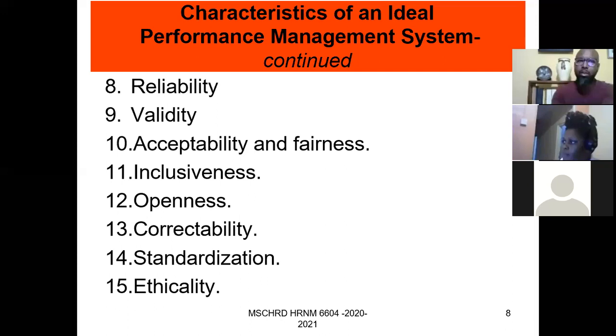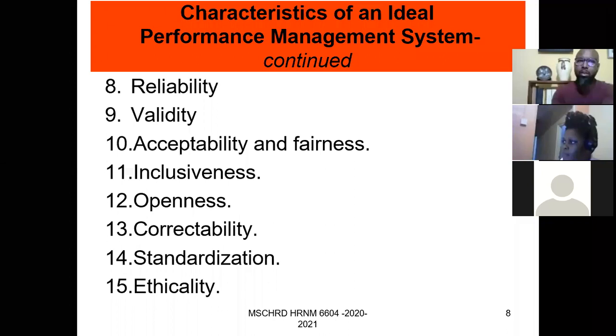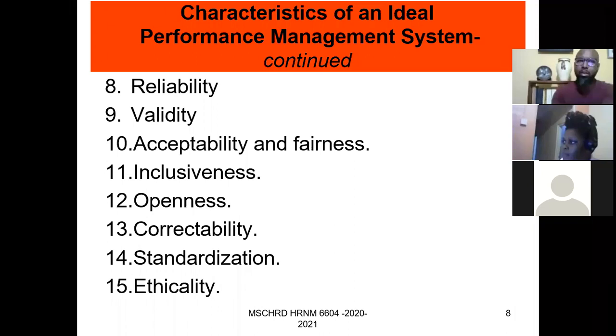So you are going to learn about the different forms of justice that must be in place in order for the system to be ethical. So if you want to read ahead, you can look up what is meant by distributive justice, procedural justice, interactional justice, because it's going to come up.